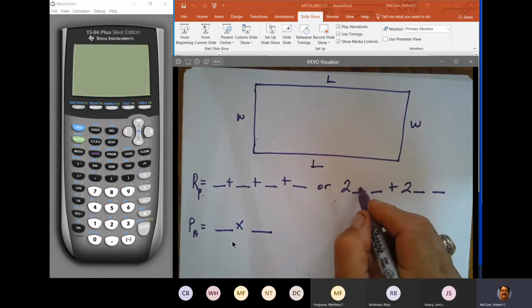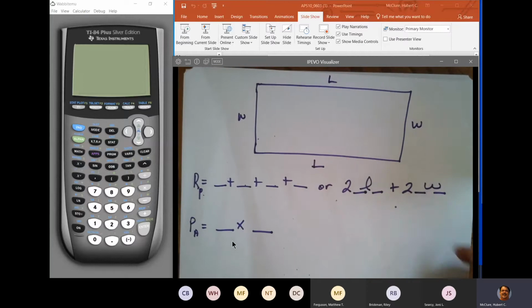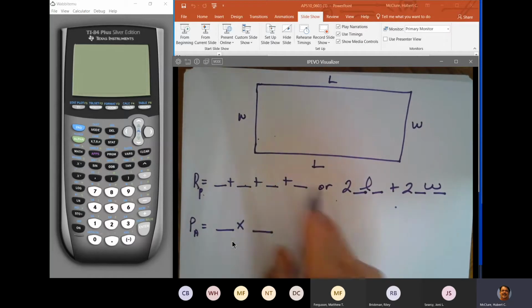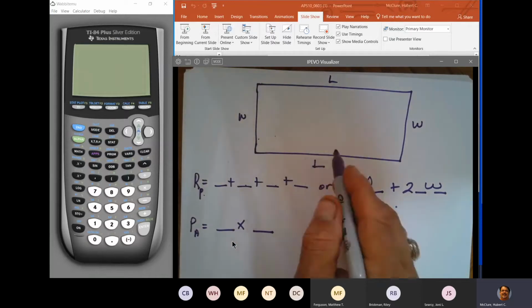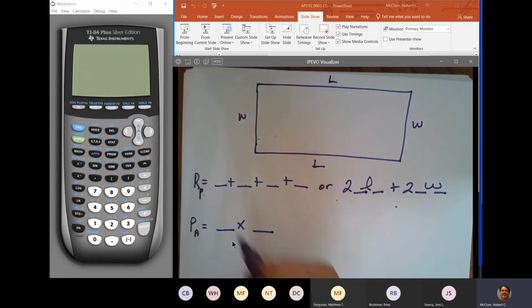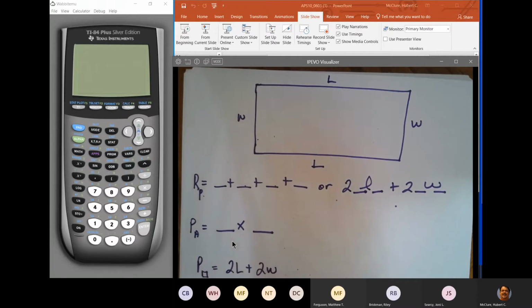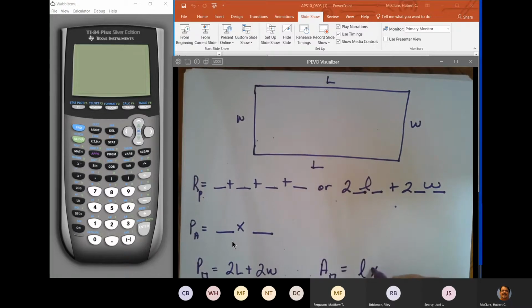The common knowledge behind a rectangle are these 2 things: perimeter and area. That's what you already should know.